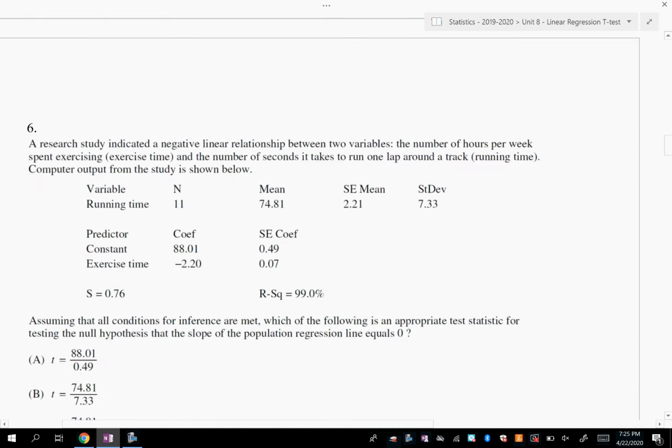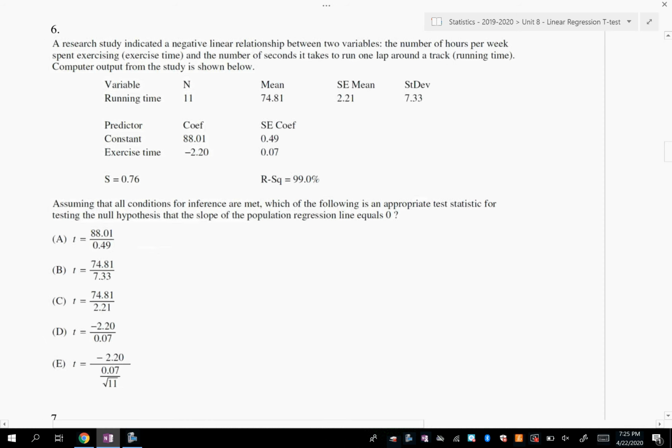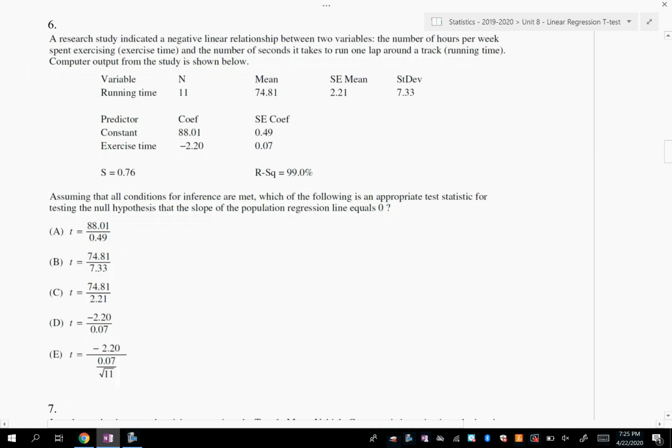All right, number 6. Number 6 is asking you to find the appropriate test statistic. I'll be honest with you, this isn't really going to be on the test, but I wanted to show you how you can do this. We've talked about test statistics being our statistic minus our parameter divided by the standard deviation.